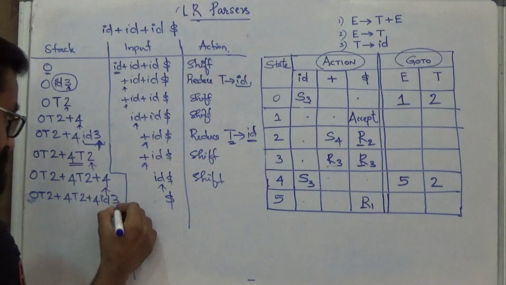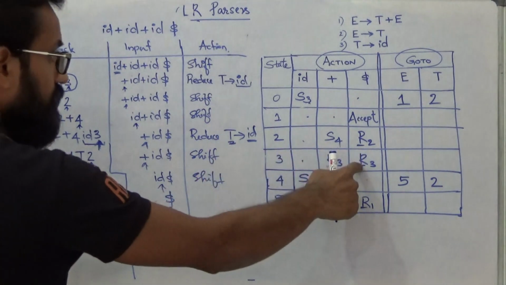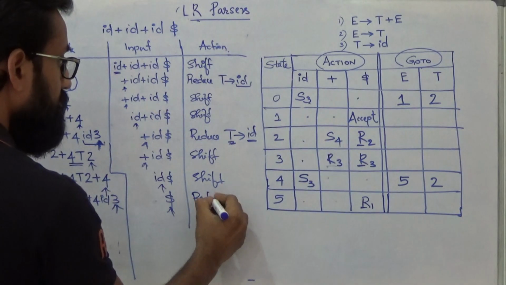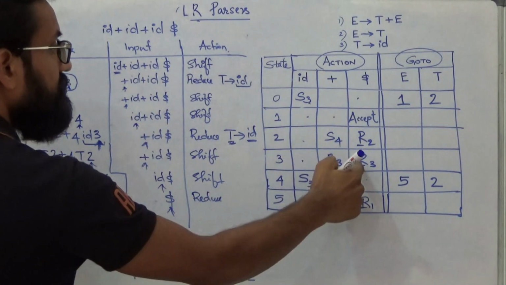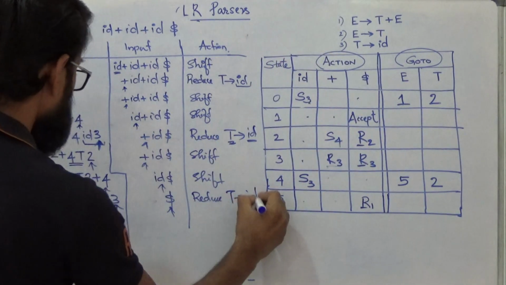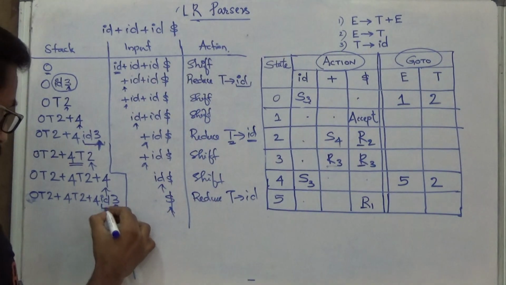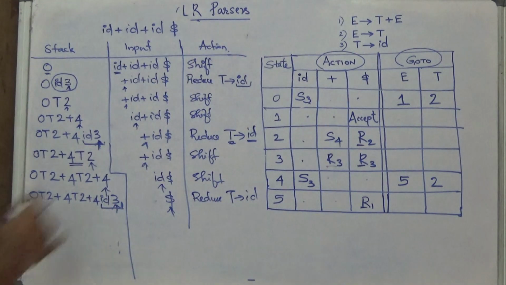Next configuration is $3. So it will check the location $3. That is a reduce operation. Reduce by applying the third production, T giving ID. So it will perform a pop operation of this string. This is the handle, popped from the stack.